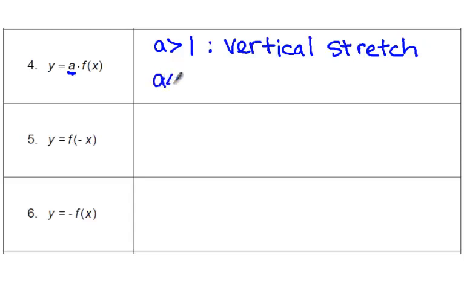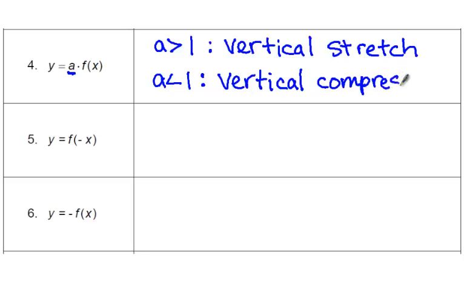When a is less than 1, there's a vertical compression.